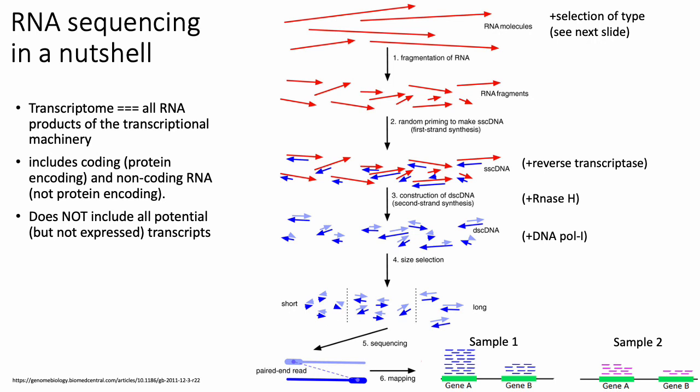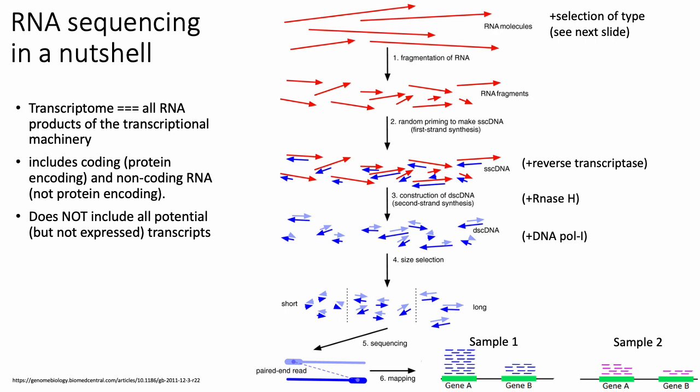Once you've performed selection for your given target type of RNA, you typically fragment your long transcripts into shorter fragments. Then, because you can't sequence RNA directly, and sequencing technologies are generally focused on sequencing DNA, you have to convert your RNA to DNA.